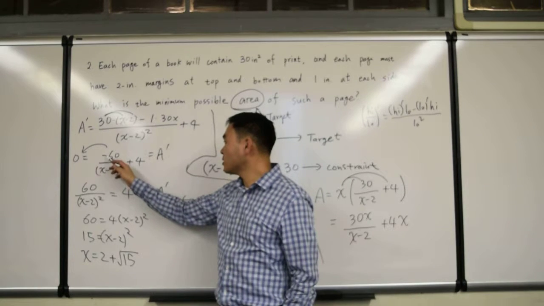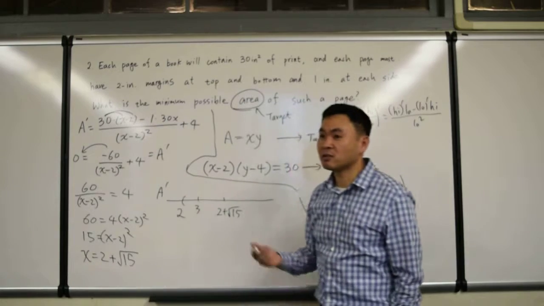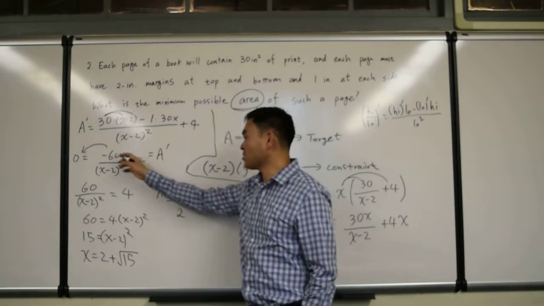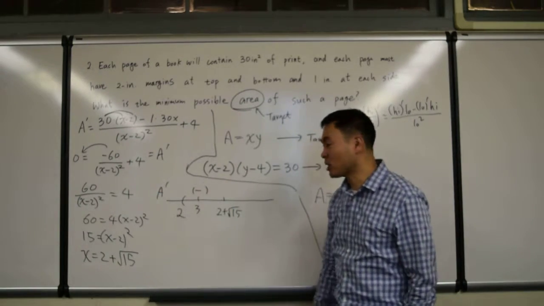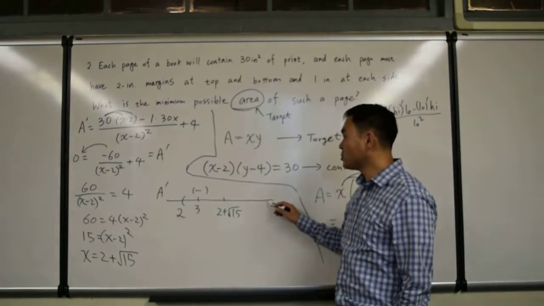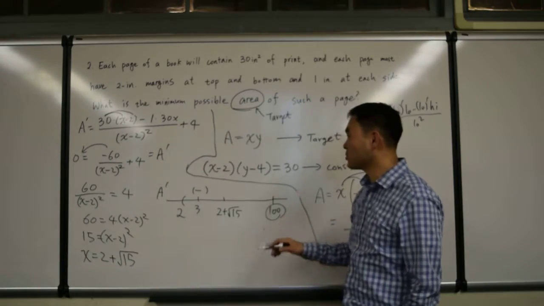You get negative 60 divided by 1 plus 4. That's some negative number. Negative 60 plus 4 is negative, so I don't care about the exact value. All I know is it's negative. And then put something like 100 as a test value for the other one.